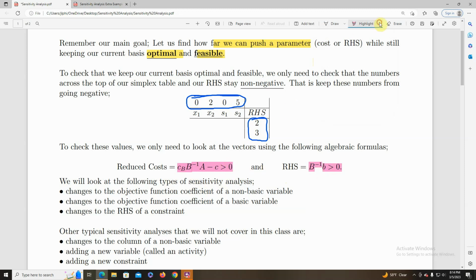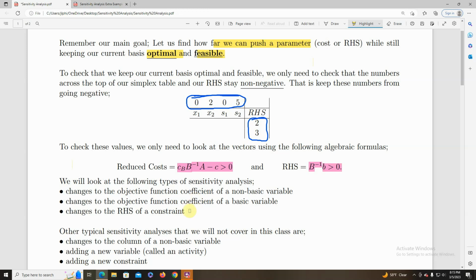Okay. Now in this class, like I said, this is an intro linear programming class, so we're only going to look at changing objective function coefficients, both basic and non-basic, and right-hand side changes. And these are natural changes that occur in the real world, because these coefficients in the objective function are things like the profits you're making off of stuff, and that can change with market demands and pricing really easily.